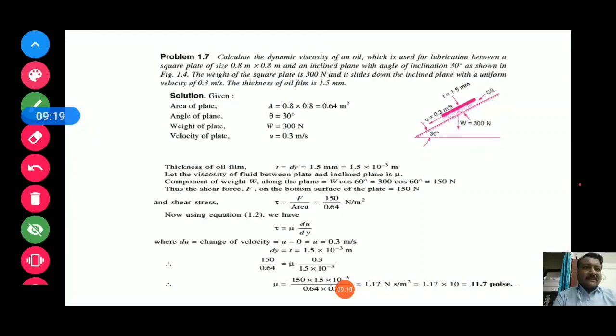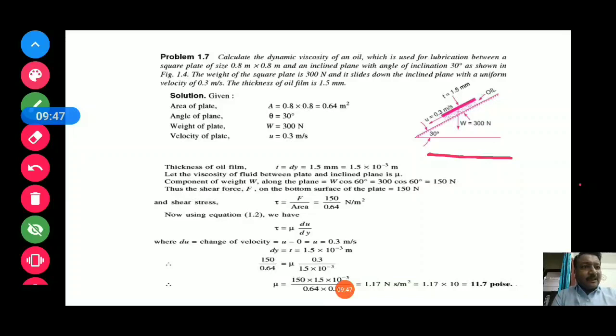Now try to understand the problem. In this problem there is an inclined plane, as shown in the figure, having an angle of 30 degree, and on this plane there is a plate, and in between the inclined plane and the plate there is oil having a thickness of 1.5 mm.